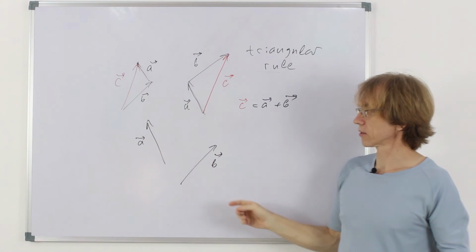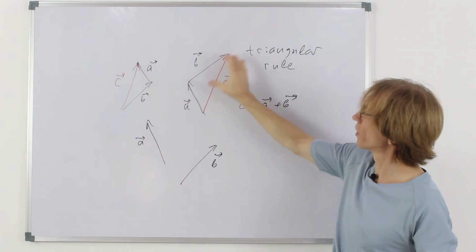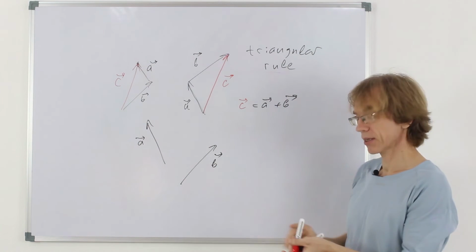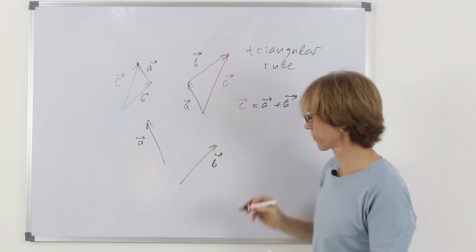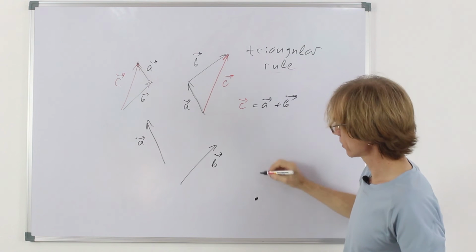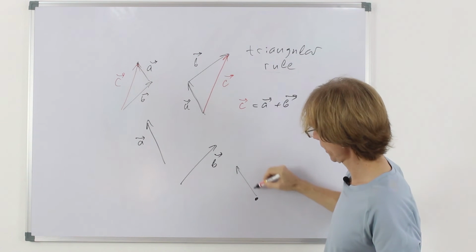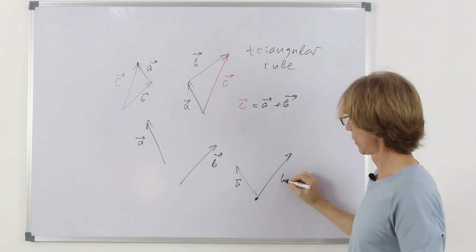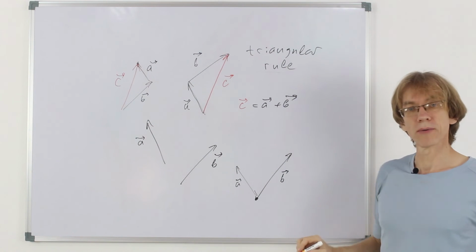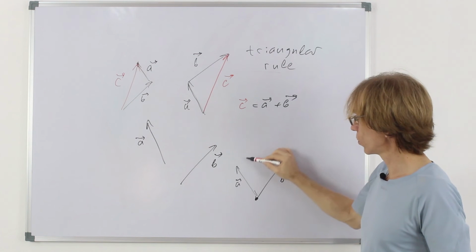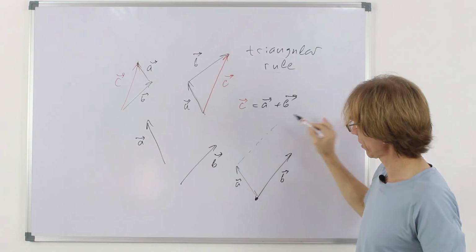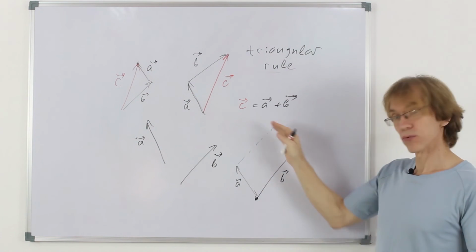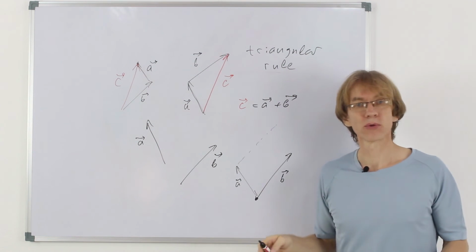Sometimes it's more convenient not to do them tip to tail. It's better if these vectors start at the same spot. Okay, let's try to do it where they start at the same spot. Here is my A, and here is my B. What can I do here? I just make a parallelogram. You see, what is a parallelogram? It's a figure with four sides, and two opposite sides are parallel to each other.